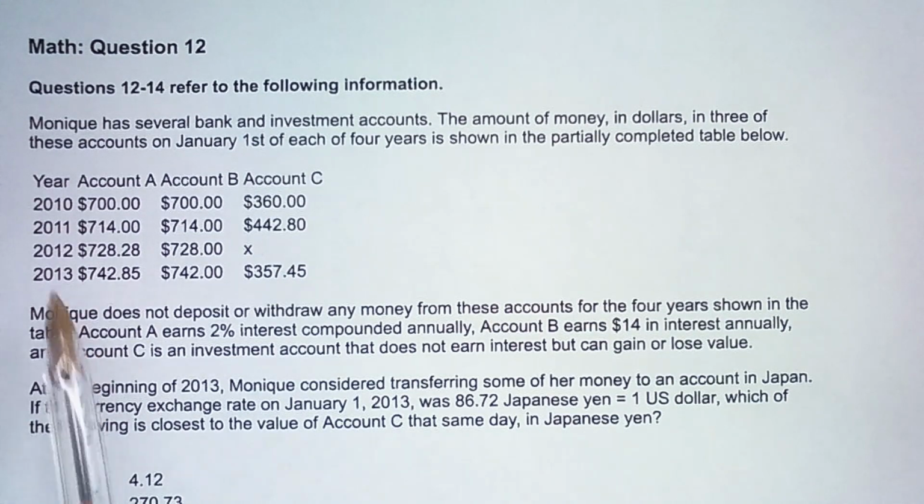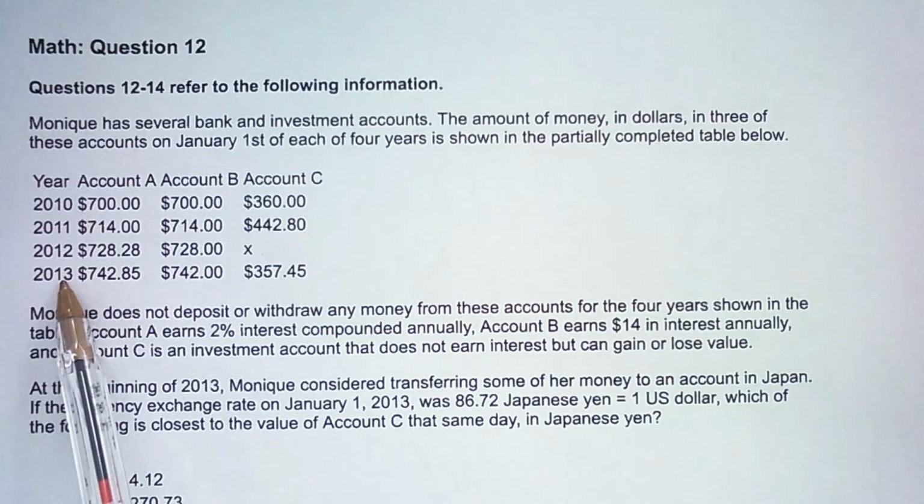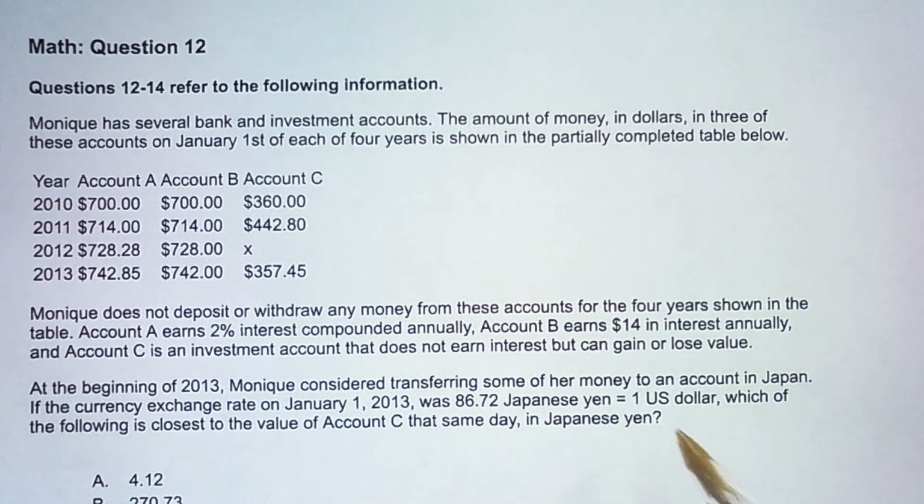At the beginning of 2013, Monique considered transferring some of her money to an account in Japan. If the currency exchange rate on January 1st, 2013 was 86.72 Japanese yen is equal to $1 US, which of the following is the closest to the value of account C that same day in Japanese yen?